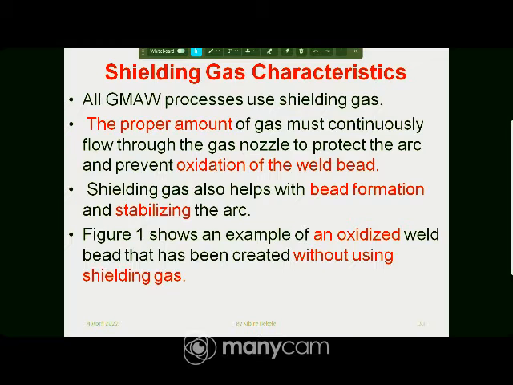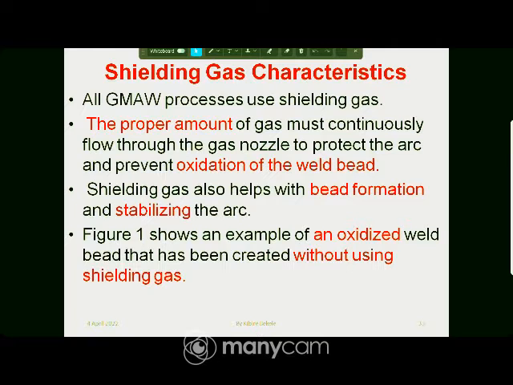As you know, carbon dioxide is an active gas, and then there are inert gases like helium, and we can use helium gas and also argon gas. There are two types of shielding gas: active gas and inert gases.